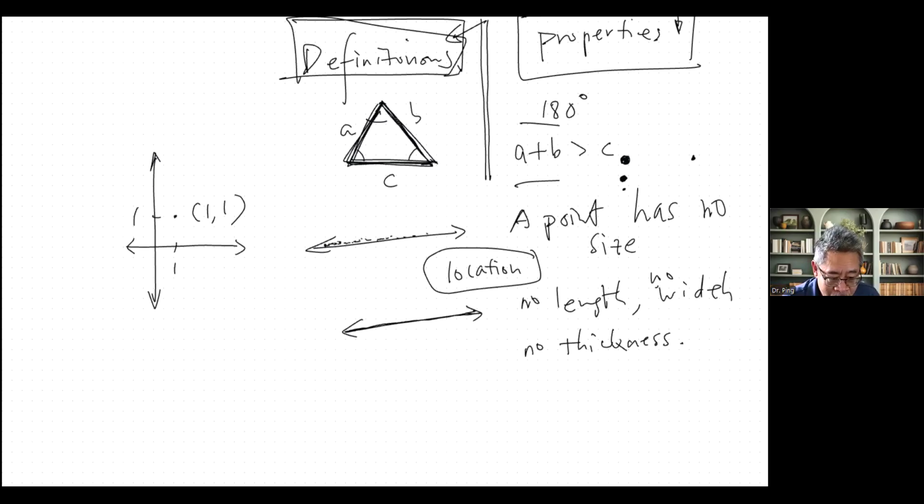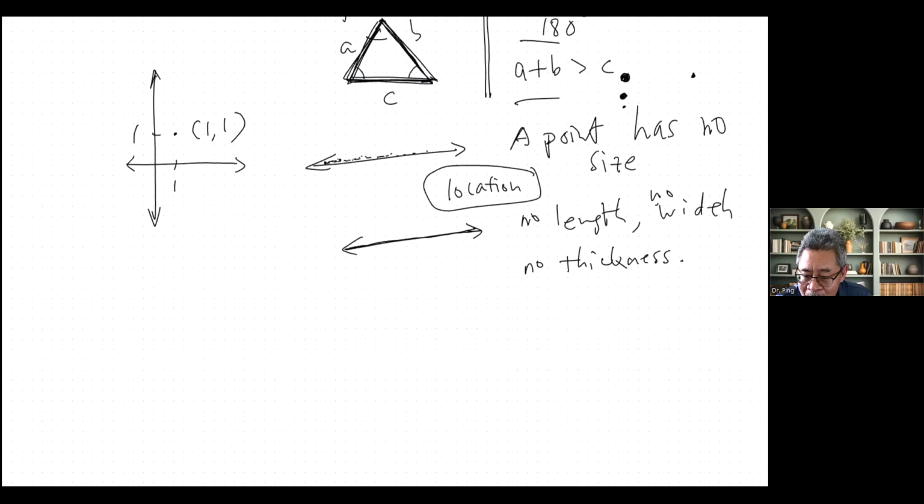So that's the first thing we're going to have. Once we define the point, the next thing we're going to do is define a line. The way we define a line nowadays, we assume it is a straight line. In old textbooks, a line may not be a straight line; there could be something like that, and they also called it a line. But in this book, the line is a straight line, which has just one dimension, and it can extend on both sides forever.